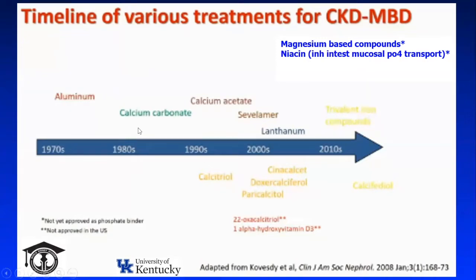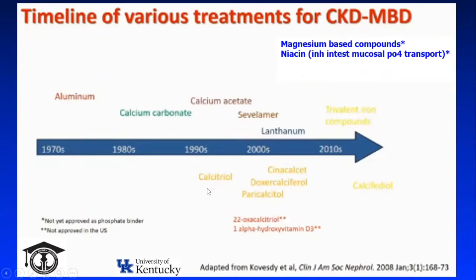Then in the 1980s, there was the introduction of calcium carbonate, then calcium acetate in the 1990s. But all these calcium-containing phosphate binders were associated with increased risk of cardiovascular calcification. So in 2000, the introduction of non-calcium phosphate lowering agents like sevelamer and lanthanum was a breakthrough in controlling hyperphosphatemia without aggravating the positive calcium balance.